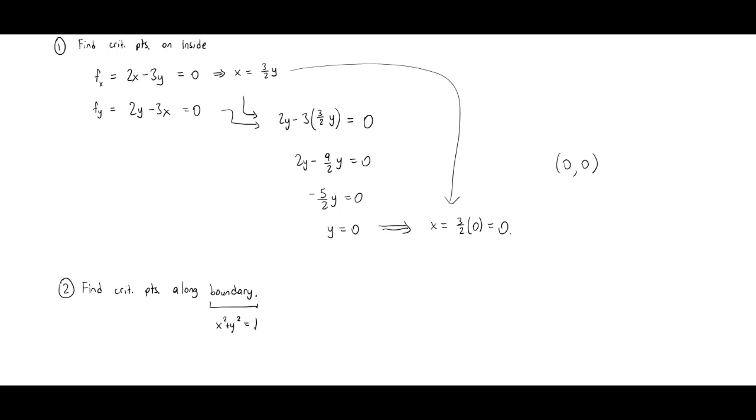One method was to parameterize the boundary. Or if you just have the equation of the boundary, you can plug the equation into your function. We had two examples, one of each of those. But you can also use the method of Lagrange multipliers in order to find the extrema. Whenever your boundary is just an equation like this, you'll be able to use Lagrange multipliers to try to find the extrema.